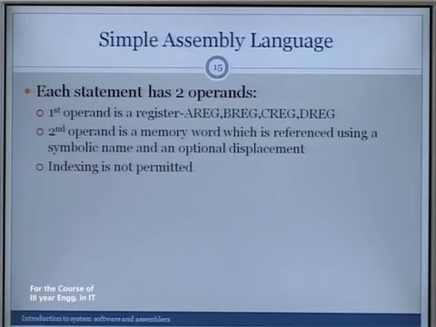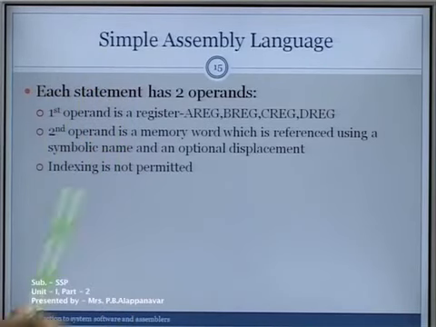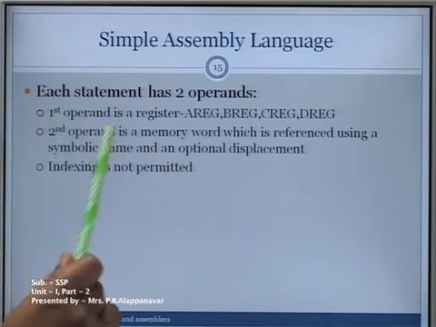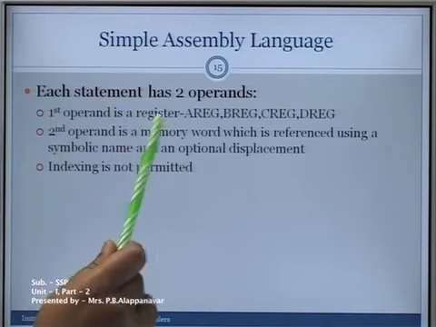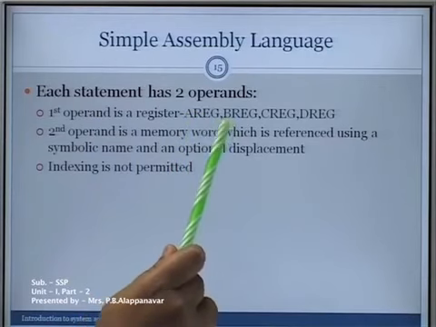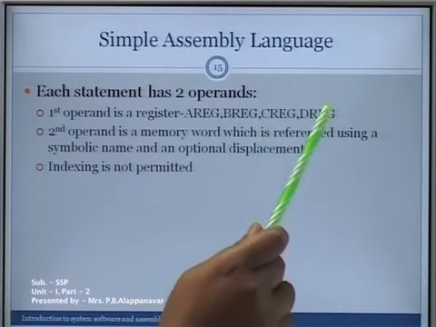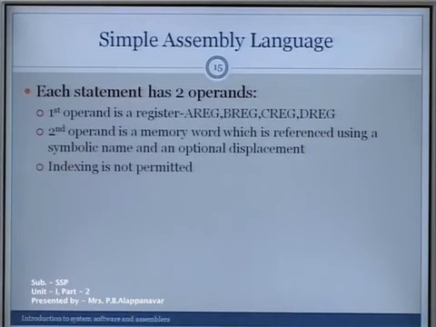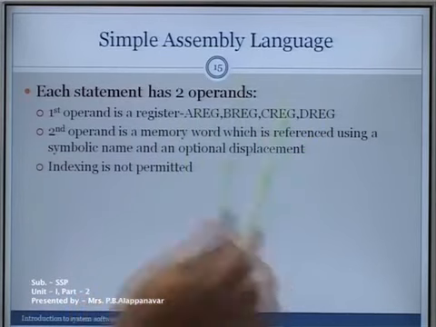Now the author has defined 4 registers. It is the author's assembly language, the language given by the author itself. So the author has mentioned that there would be 4 registers which are represented by A register, B register, C register and D register, and each is given serial numbers from 1 to 4 accordingly.